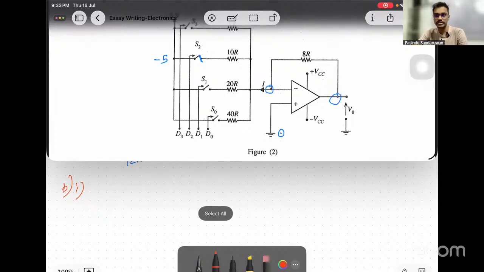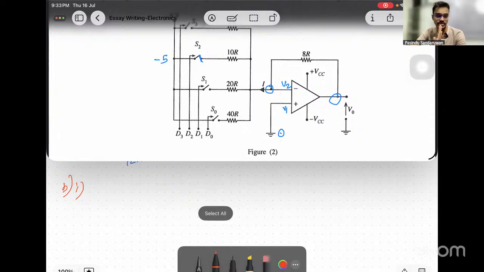If the op amp is feedback, V1 equals V2. V1 is the notation for the non-inverting voltage terminal, +, and V2 is the notation for the inverting voltage terminal, -. Then if this is 0, this is a feedback circuit. Since there is a feedback circuit, if this is 0, V2 is also 0, because in a feedback circuit, V1 equals V2.